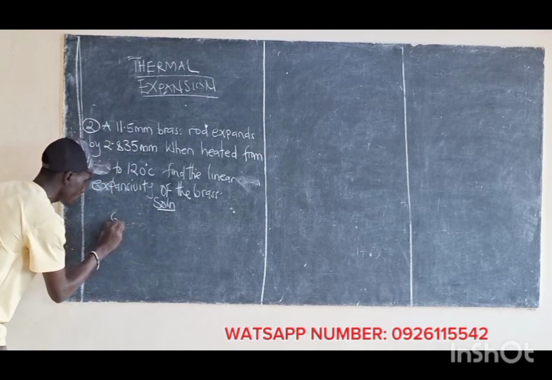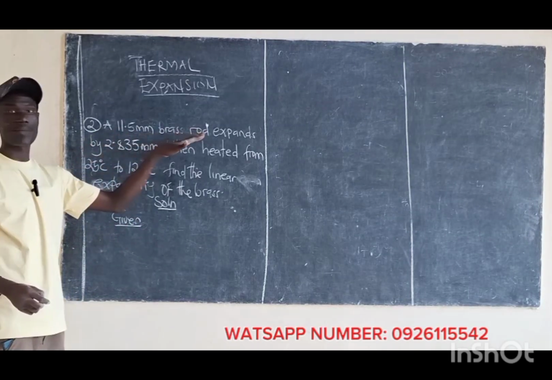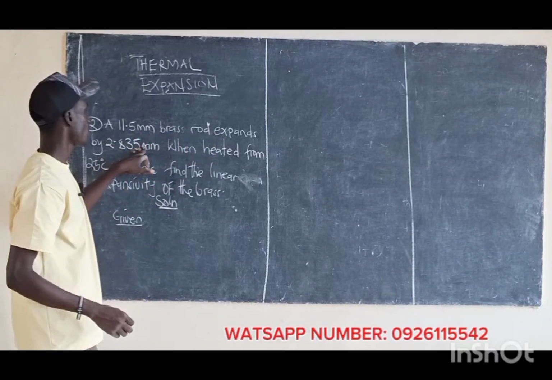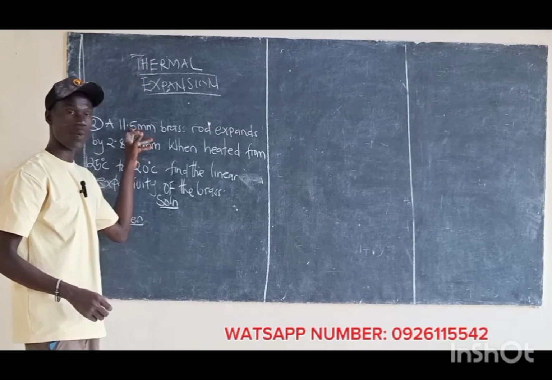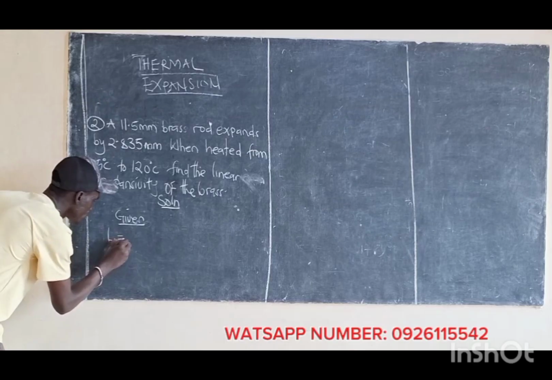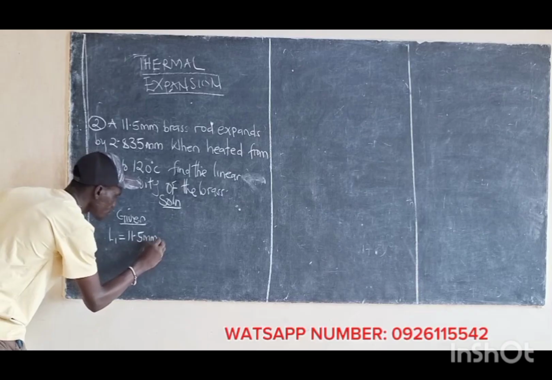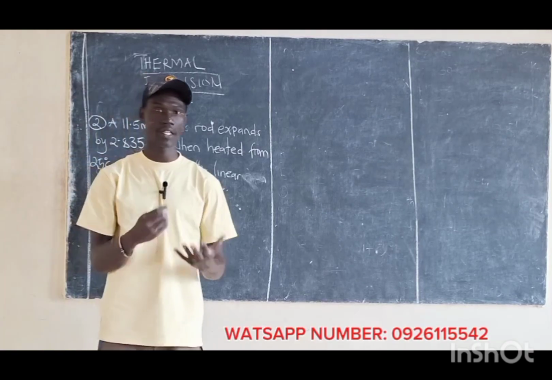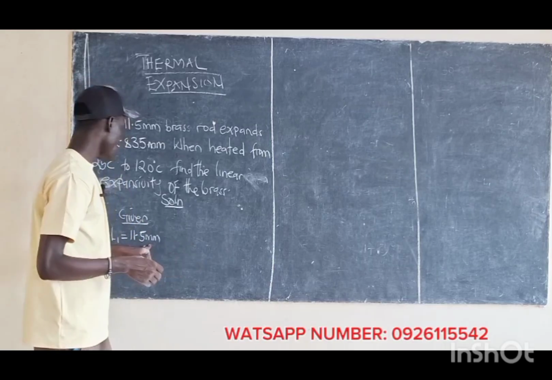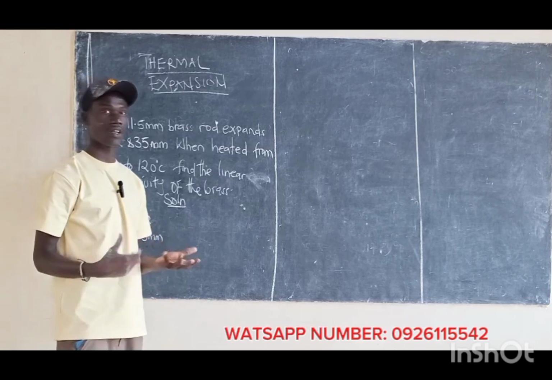Solution. Given: 11.5 brass rod expands by this one. That means here is our L1 and here is our L2. Let's list them down. Our L1 is 11.5 millimeters. We should convert this to meters by dividing it by 1000, because 1 millimeter is equal to 1/1000 meters.